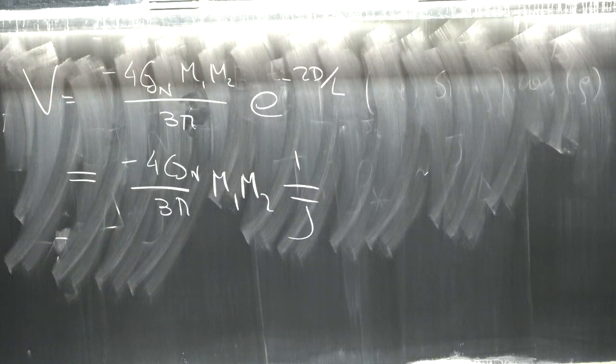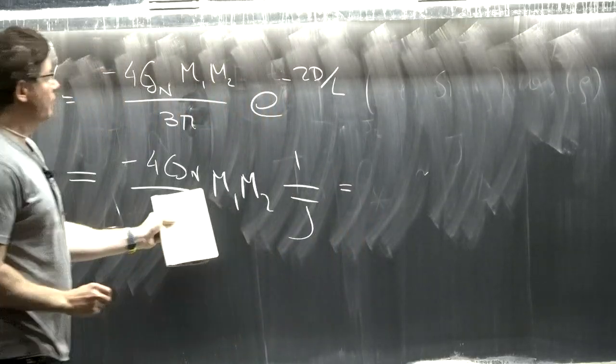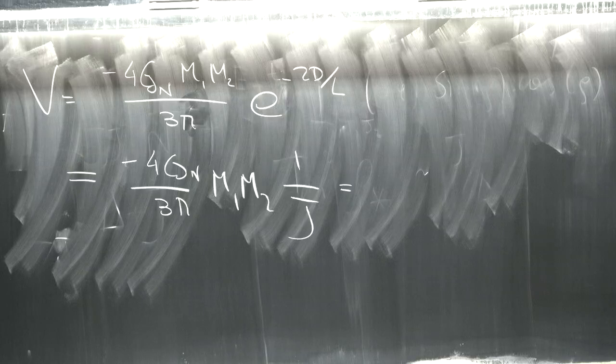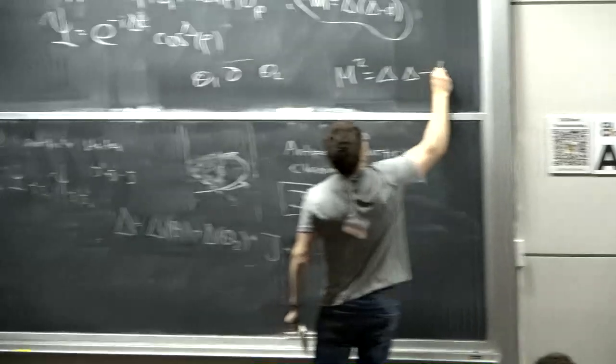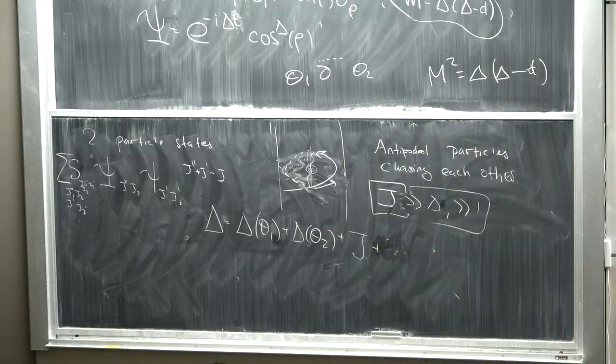Okay? And now we can convert the masses of the particles in AdS to the scaling dimension. How? Because we have the formula mass squared is equal to delta minus d. I'm just going to approximate this formula by saying that mass is like delta to leading order. Mass is like delta.